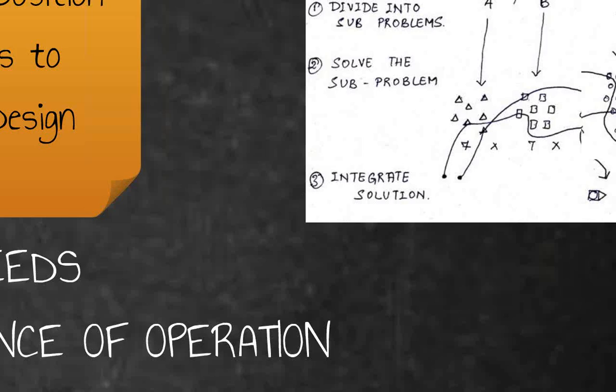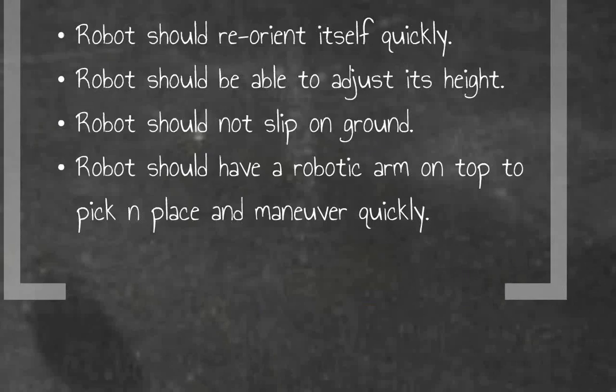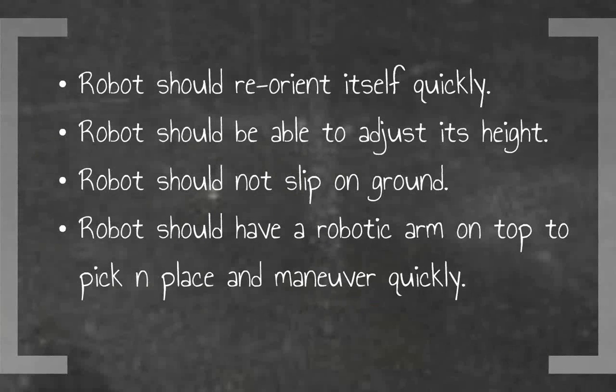Before I move ahead, I would like to tell you that these needs were given by people who are somewhat novice, because a person picking up a 10 kg object requires a lot of effort, and a robot, if required to do that, also needs a lot of effort to move across 100 meters and pick up that object.